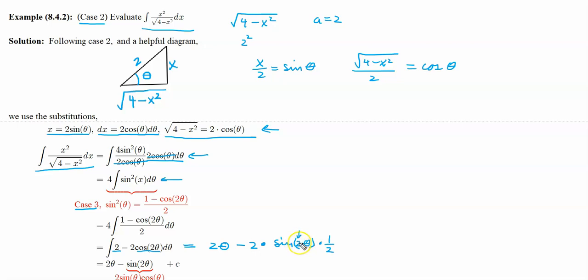That 2 right there, we would pick up an extra 2, so we have to multiply by 1/2. Now this 2 and that 1/2 cancel, and we just end up with 2 theta minus sine of 2 theta plus c. Okay, and that's what we have right down here. And there you go. We now have our answer, but we want it in terms of x. So we have to go back through our substitutions and try to evaluate this in terms of x. Okay, so that's what we do down here.